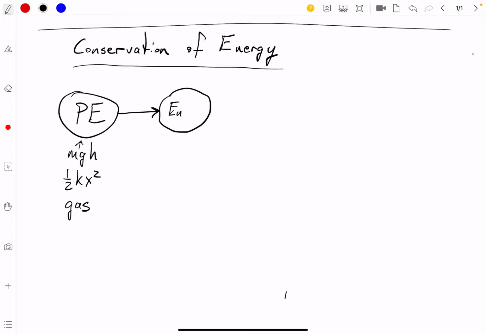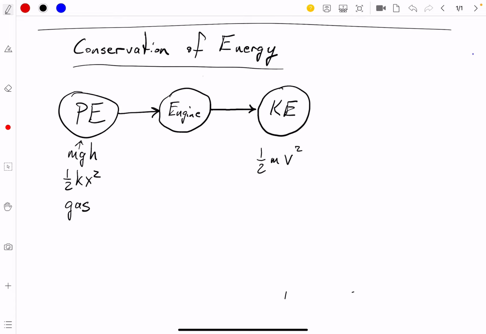Into our engine, we put the potential energy, and then out comes what? What comes out? That's right, kinetic energy. So we're taking potential energy and we're moving it toward kinetic energy, which is straight up 1/2 mv squared.